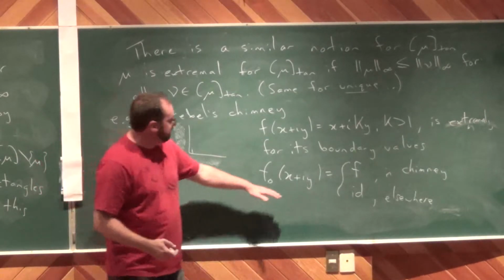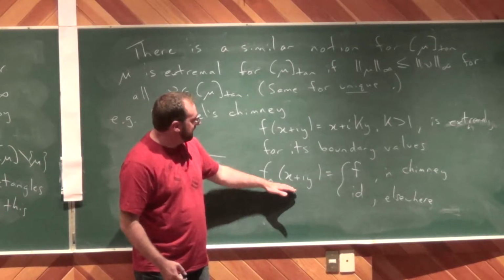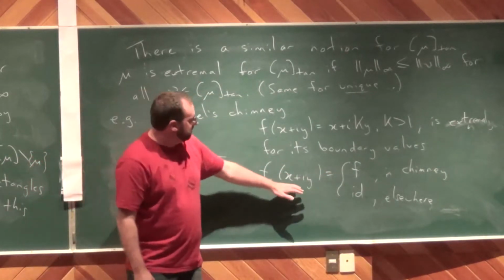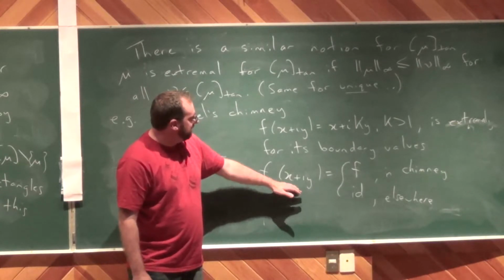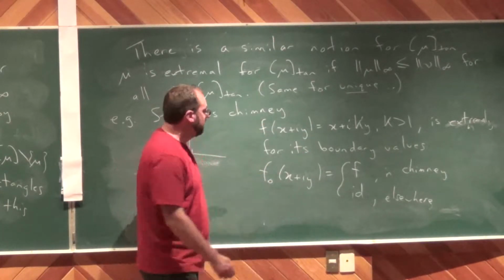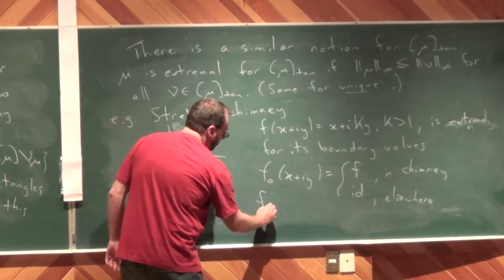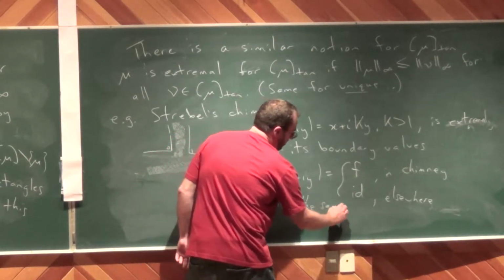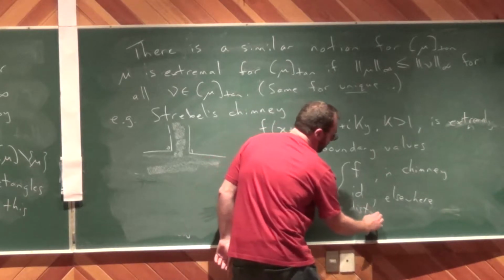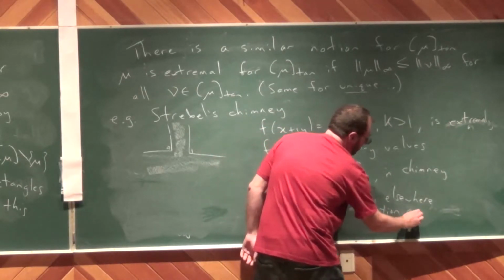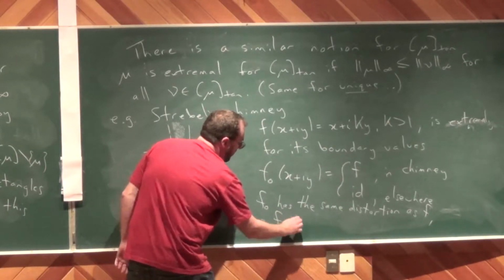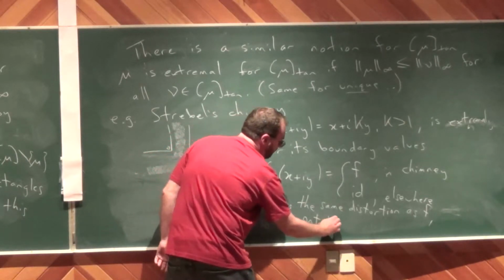So this map here has the same boundary values as f in this domain, but the distortion of this is exactly the same as the distortion of this. It's k. So f0 has the same distortion as f. So f is not uniquely extremal.